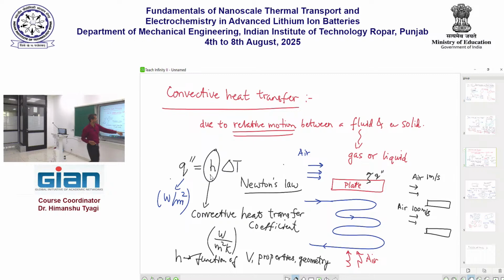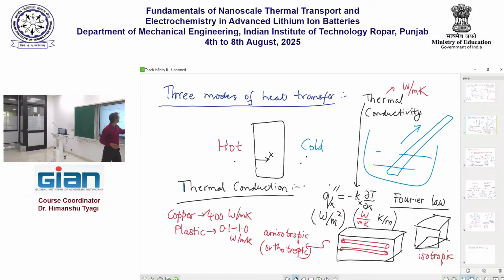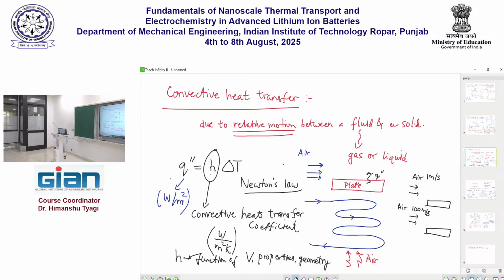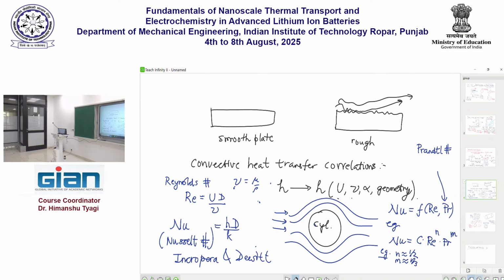Earlier we said that thermal conductivity is 400 for copper, 0.1 to 1 watt per meter Kelvin for plastics. That is not as simple for H. For H we need to write these correlations, and these correlations are what will give us the value of H.